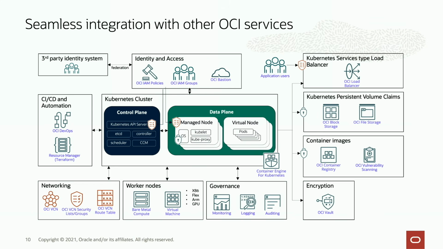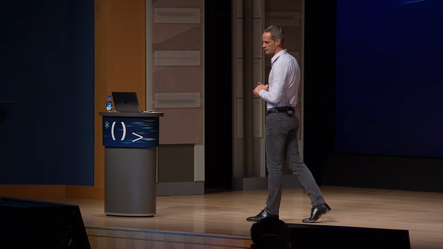As I mentioned before, storage is not easy, and so OKE integrates directly with OCI block storage and file storage. We encrypt your data by default, and you can choose to encrypt this data using your own key. And provide all the mechanisms for the lifecycle of the storage. Your container images can be in third-party registries, or they can be in OCI container registry.